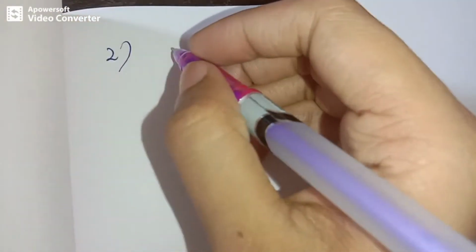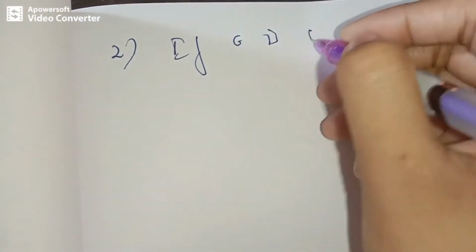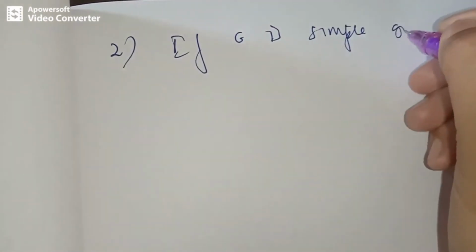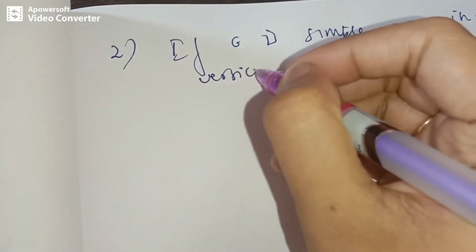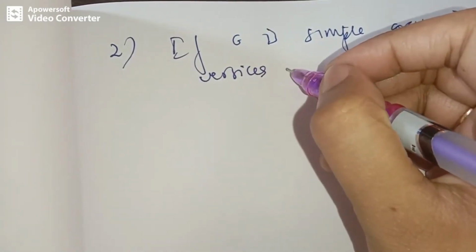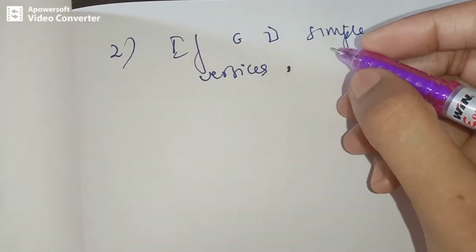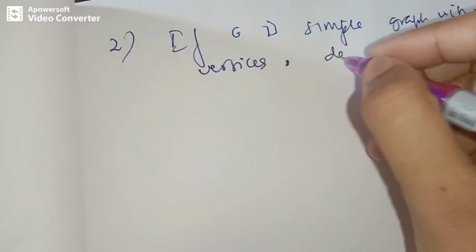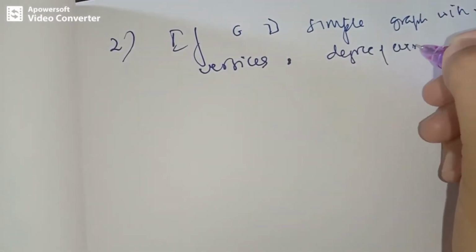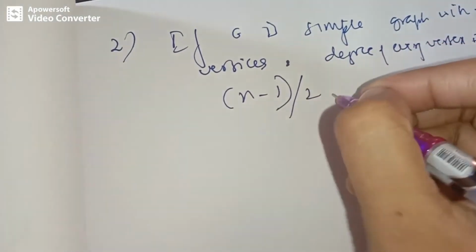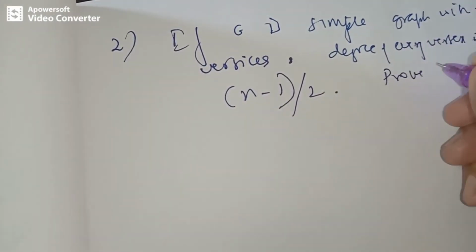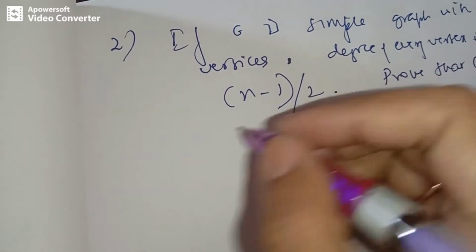So the next question is about a simple graph G with n vertices, in which the degree of every vertex is at least (n−1)/2. You need to prove that graph G is connected.